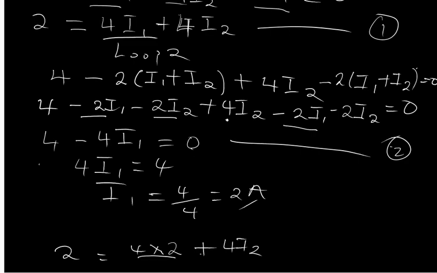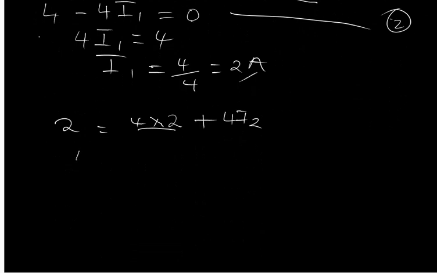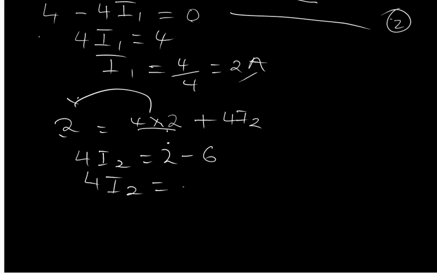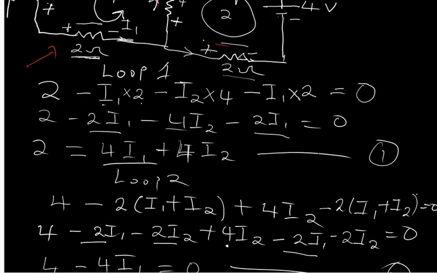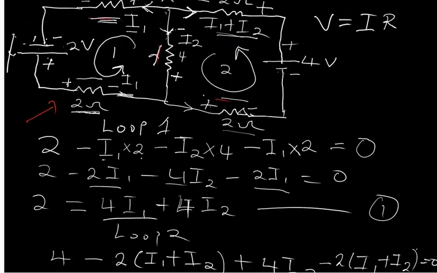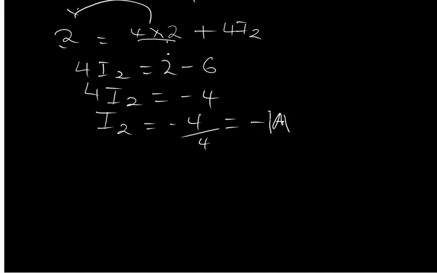So 4I2 will be equal to 2 minus 6, so 4I2 is equal to minus 4. So I2 is minus 4 over 4, which is minus 1 ampere. So I'm able to get the branch currents I1 and I2.